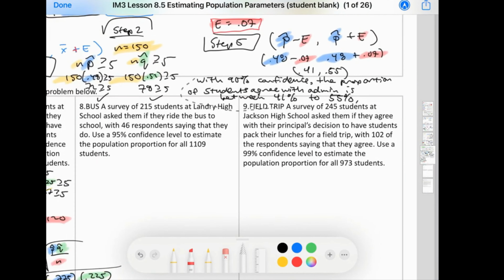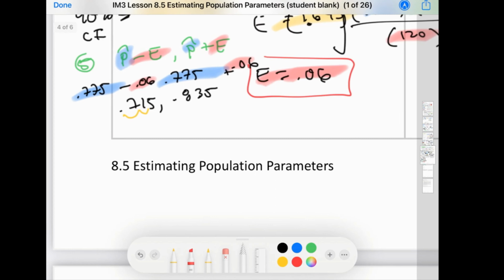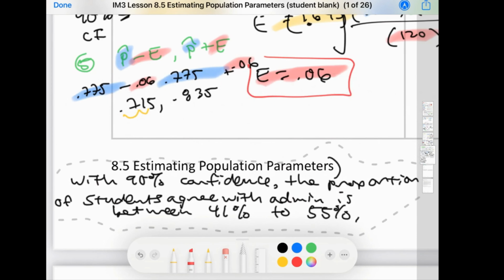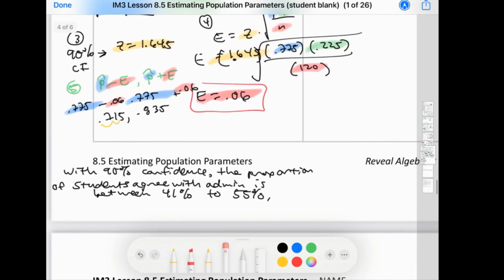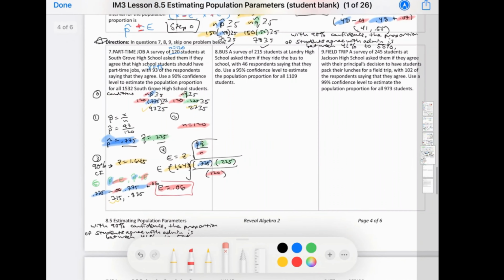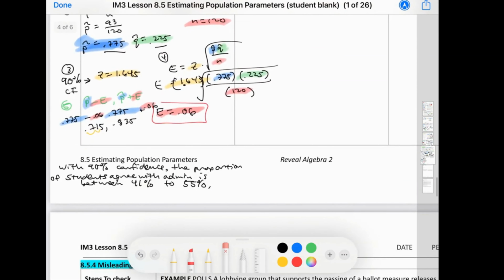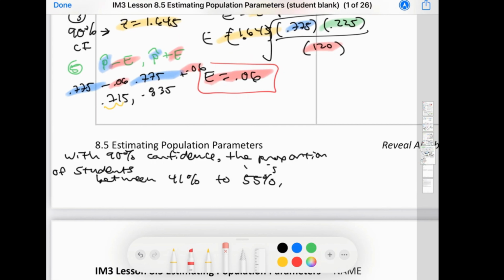Let's go to my friend who's a magic. And with 90% confidence, the proportion of students that agree students should have part-time jobs.